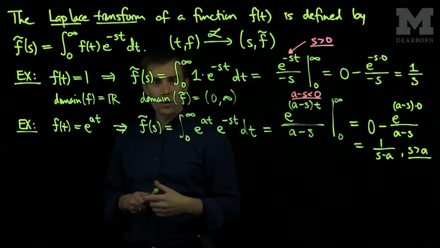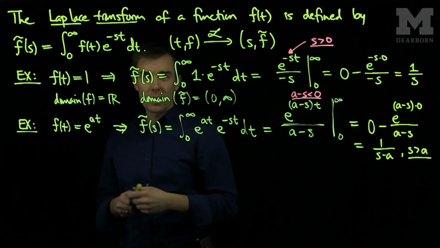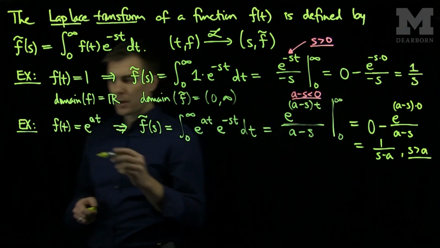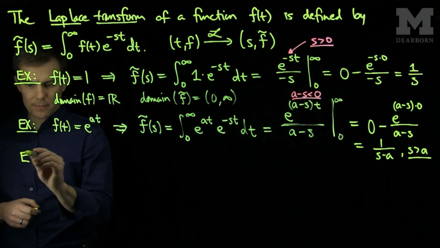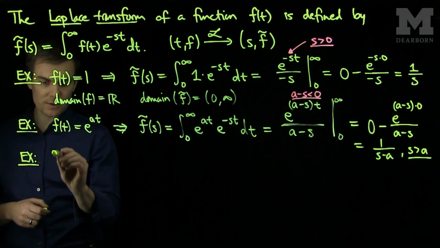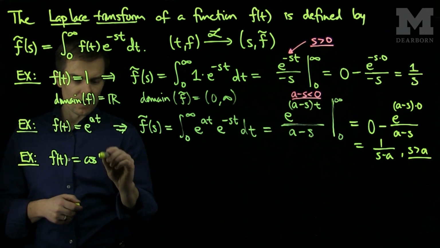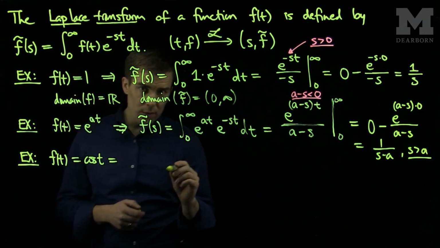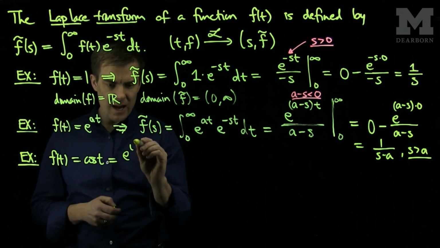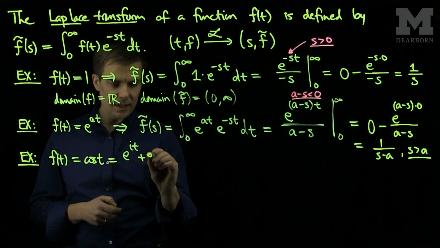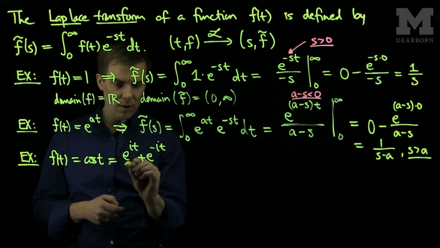Now, we can actually apply this formula when a is a complex number. So I can apply the previous result to say that f of t is cosine of t, which we know by Euler's formula is e to the it plus e to the minus it over 2.